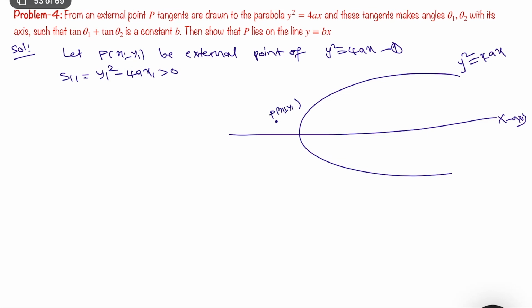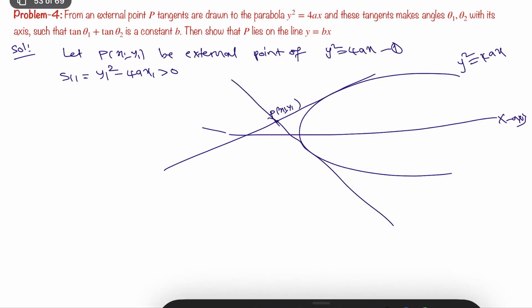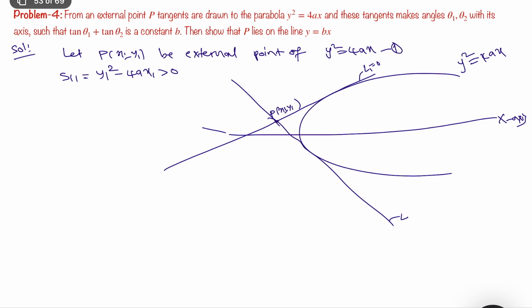Okay, so we know that two tangents can be drawn from here. This is the one, another one could be something like this. These are the two tangents. Let me say this is L1 equal to 0, and this is L2 equal to 0.